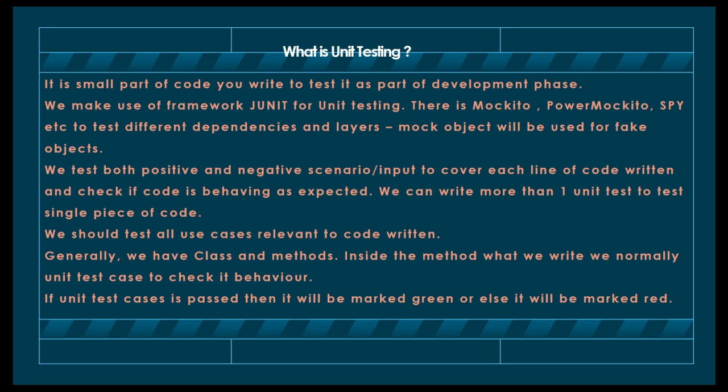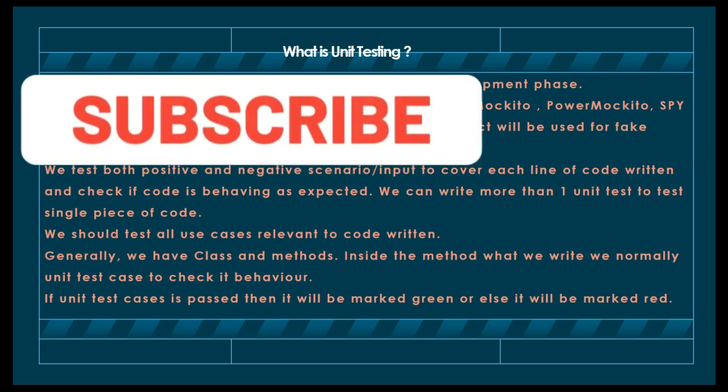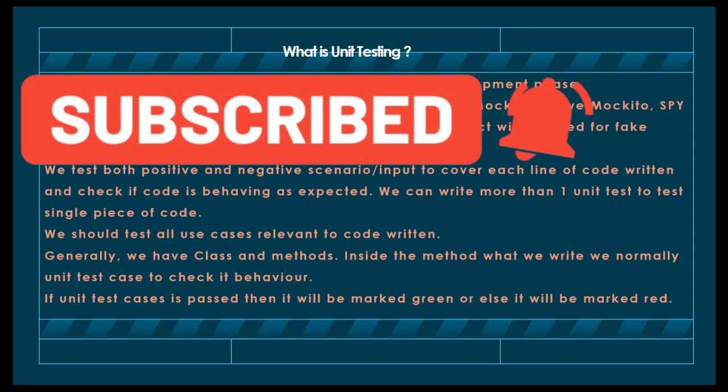For Java web development, we have the Spring framework and Spring Cloud integration. Similarly, for testing, we have JUnit. There are different versions, like JUnit 4 and JUnit 5, but the latest one we are using is JUnit 5.